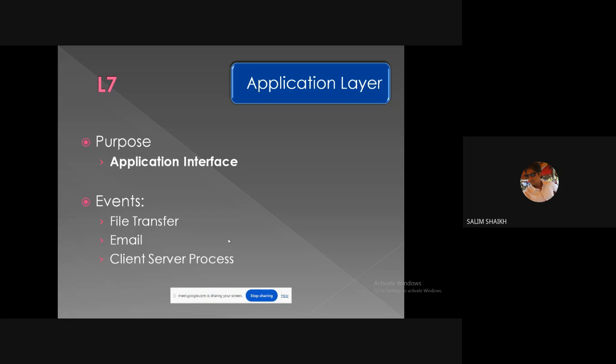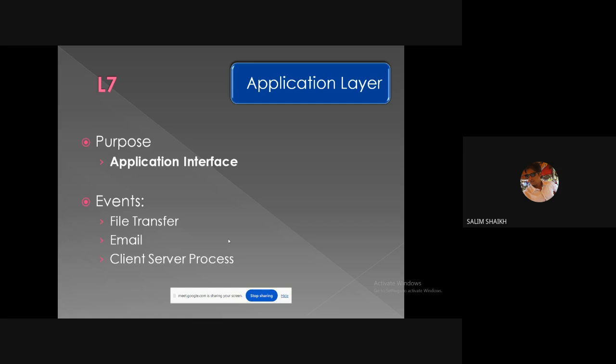If we take an example of an email that you want to send, the Outlook on your desktop lies at the application layer, but it would invoke the application layer when you compose an email and hit send. So it's an application interface between the user and the application. It also identifies resource availability, and it synchronizes communication between different applications.